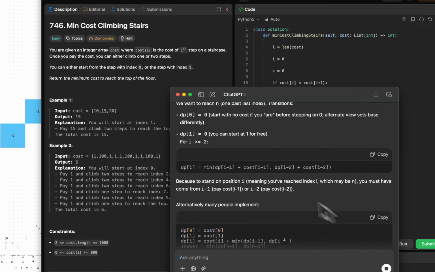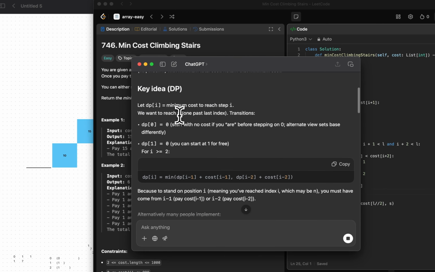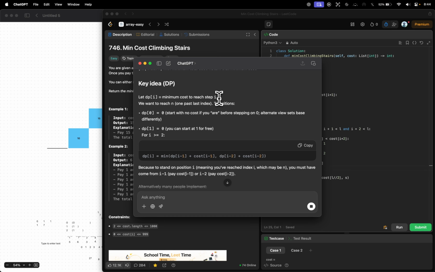Okay, so what I was looking at. Till here the statement is saying, let's say there is a DP list, where the index represents the cost to reach that particular index, the minimum cost to reach.